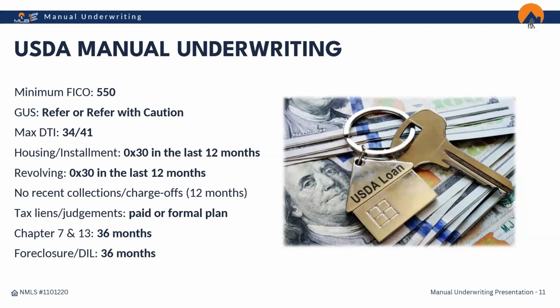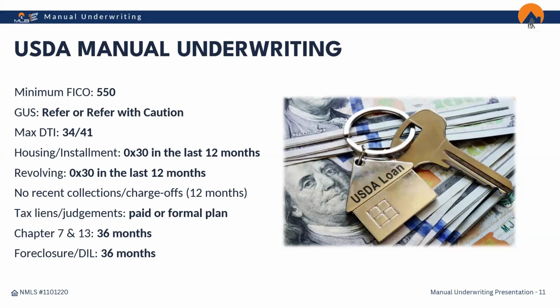So USDA has a higher FICO requirement, has a higher seasoning requirement when it comes to your bankruptcies and foreclosures, and additional restrictions, which goes hand in hand with the way that USDA structures their programs and based on the borrowers that they're looking to fit into the eligibility of a USDA loan.